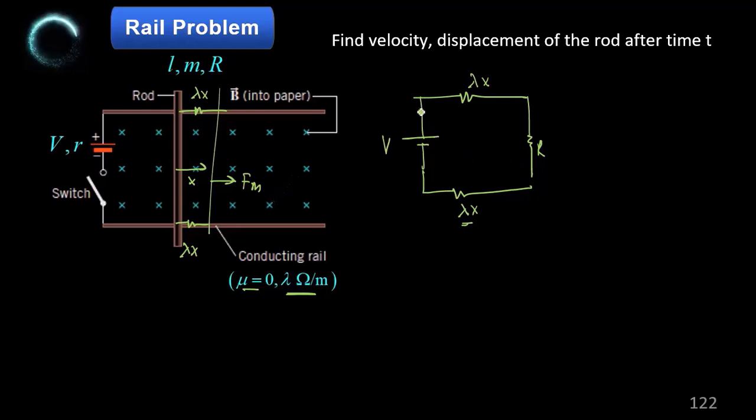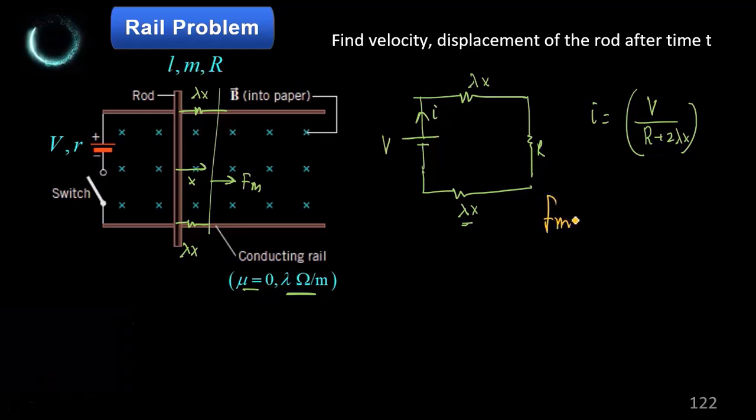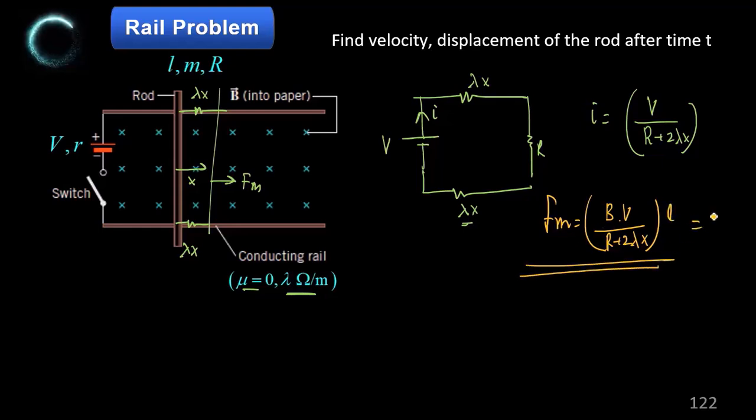So now what is the current? I should be equal to V divided by capital R plus 2 lambda x. Because of that, now the force is variable. এখানে আমরা যদি ফোর্সটাকে লিখি, Fm should be equal to BIL, I is V divided by R plus 2 lambda x, into L. So force is a function of x.